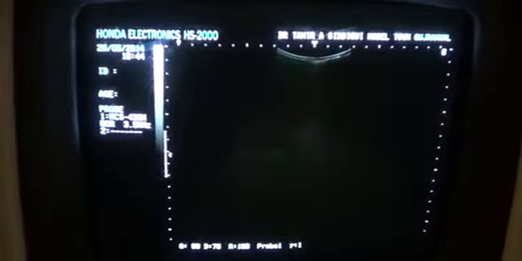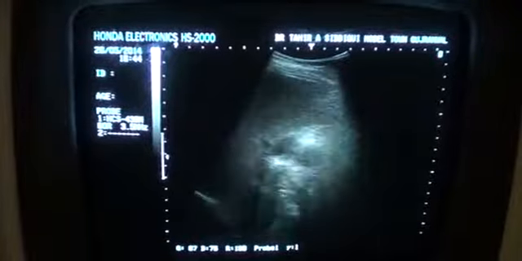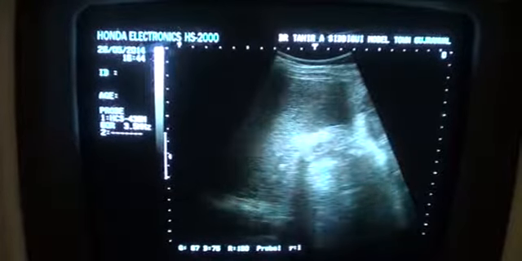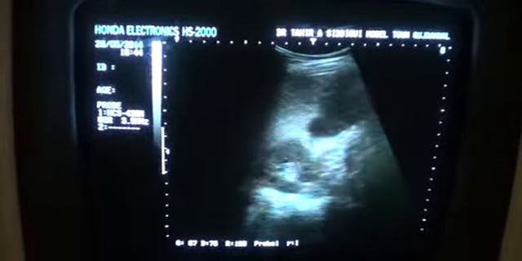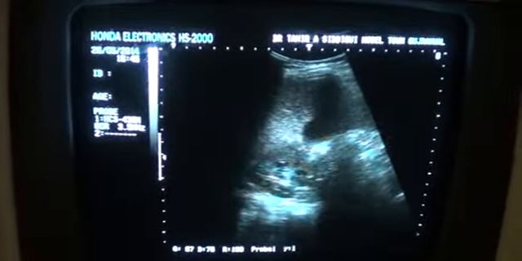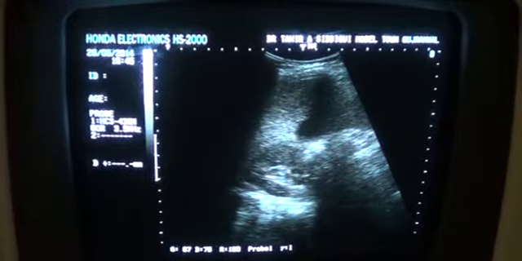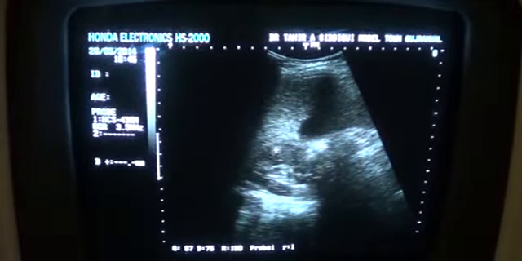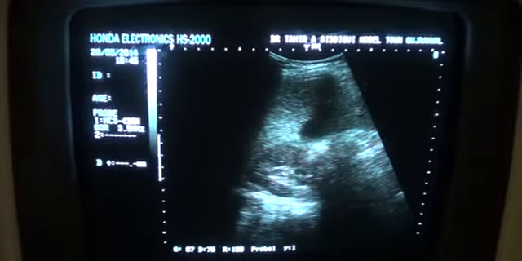Now the liver is by itself normal, and the kidney is normal. This is the liver, smooth outer surface, and normal parenchymal echogenicity. The kidney is also normal. This is all fluid.